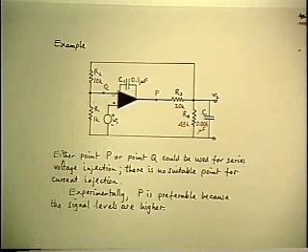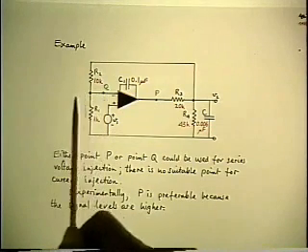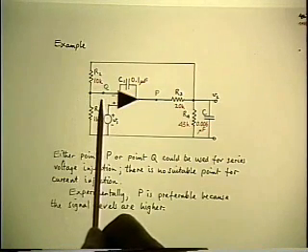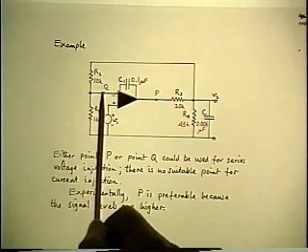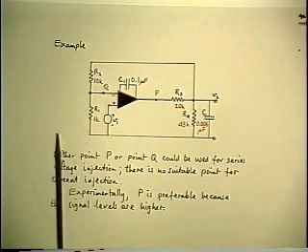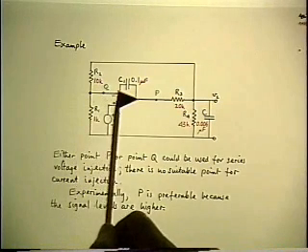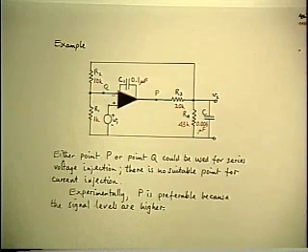Point Q would be equally good in principle, because even though looking back to the left, it's not an ideal source, the source impedance looking to the left, if you made a Thevenin equivalent, would be less than 1K. And while that isn't 0, it's very small compared to the impedance looking the other way, which is the input impedance to the chip, which is in the megohm range.